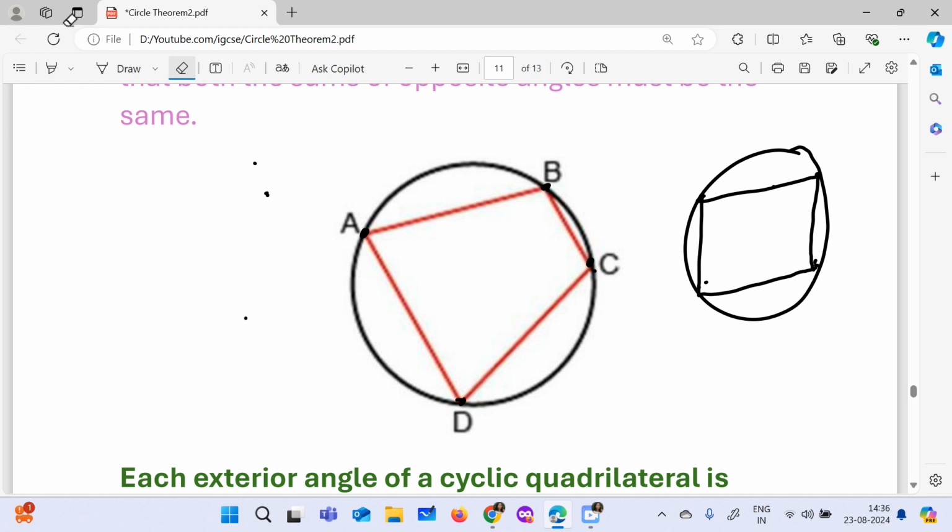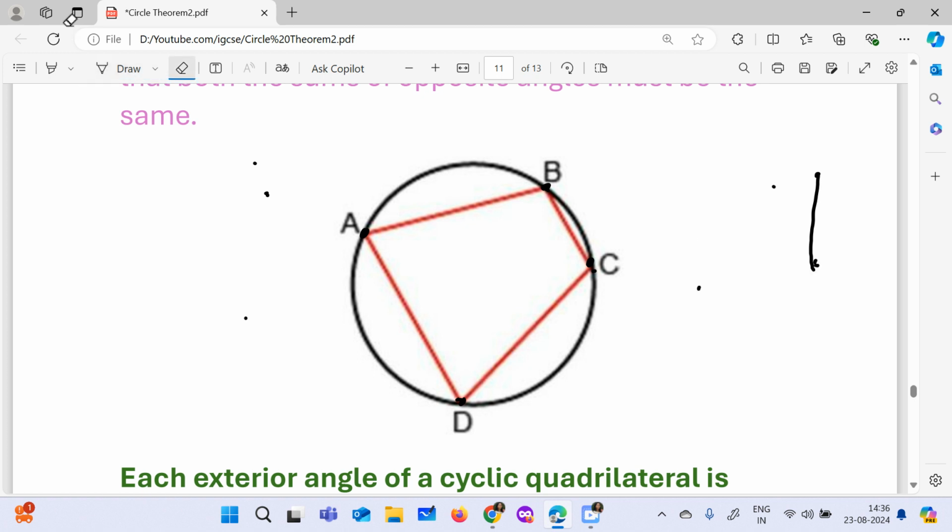So, this property of circles we are going to study is all about cyclic quadrilaterals, meaning when and only when all the vertices of the quadrilateral fall on the circumference of the circle. Is this clear to you? Okay, now what is this property of the quadrilateral?